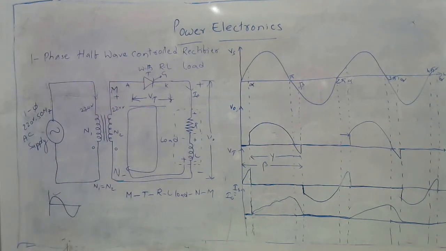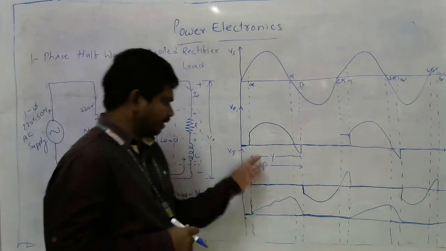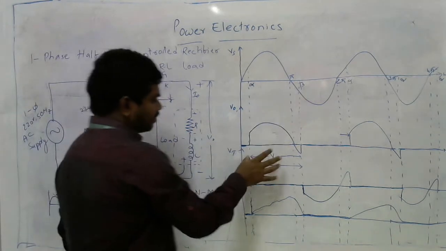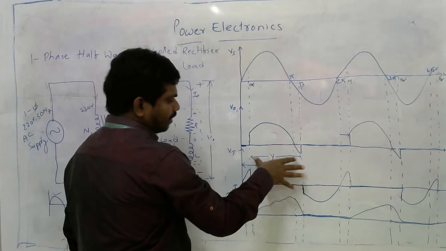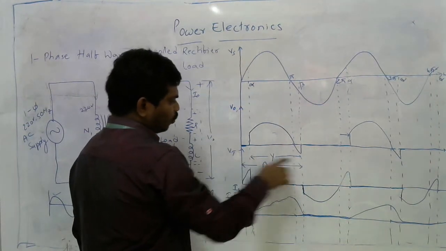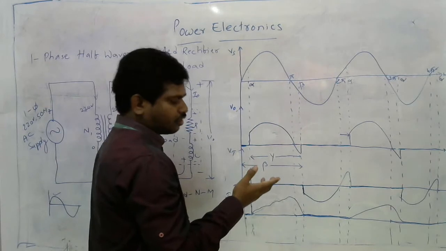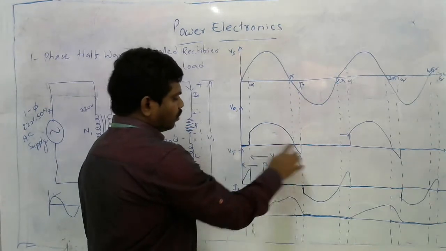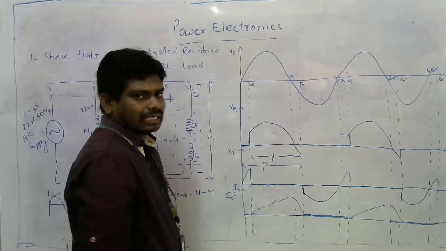First, the firing angle is the instant at which the SCR comes into the conduction state. The conduction angle is defined as the angle during the period in which the SCR is in the conducting state. This is the instant where conduction takes place in the circuit. From alpha to beta conduction takes place, and this duration is the conduction angle.